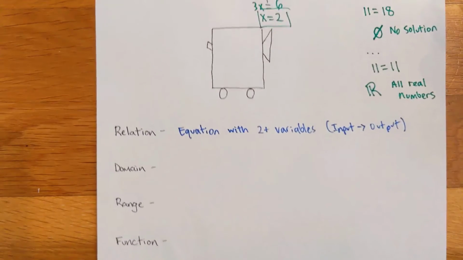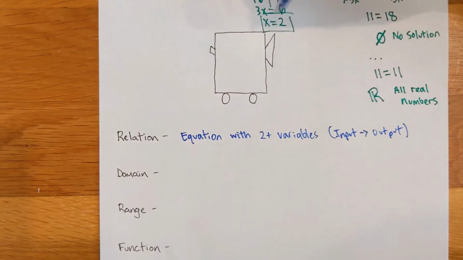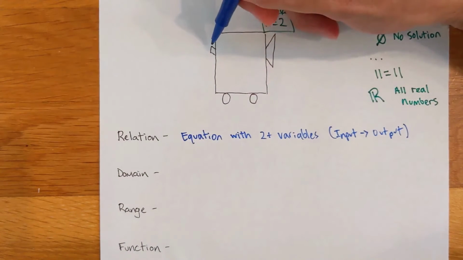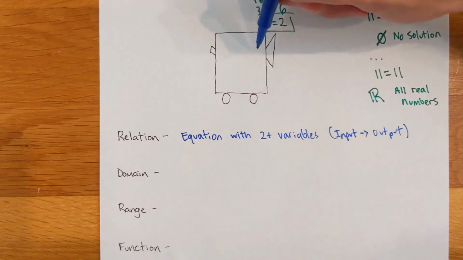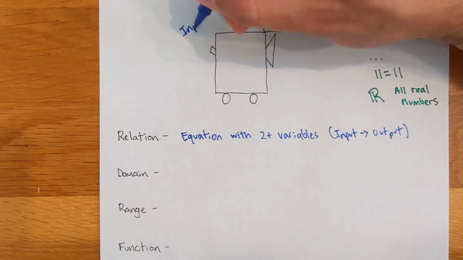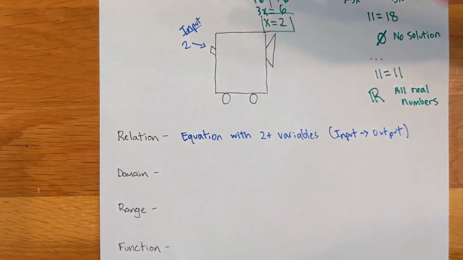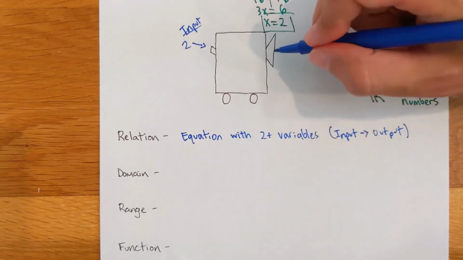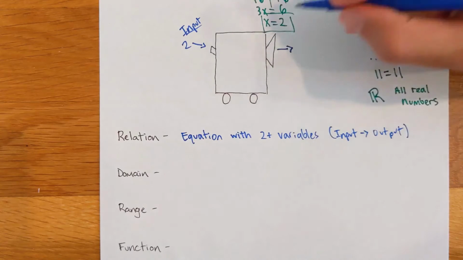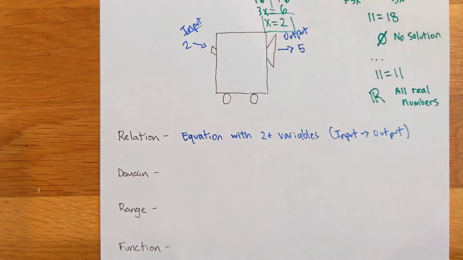So I have my little machine here to illustrate this. Let's say I have this machine and it's like a little wood chipper type deal right here. You put a number in, something happens inside the machine, and another number comes out. Let's say I put in, for my inputs, the number 2. Well, the machine does some crazy mysterious math right here, and for my output on this one, I end up getting the number 5.